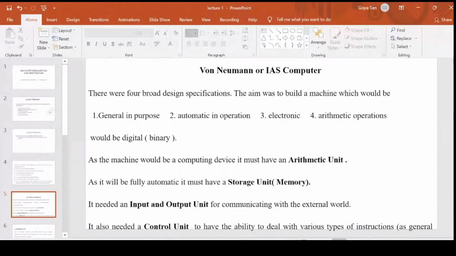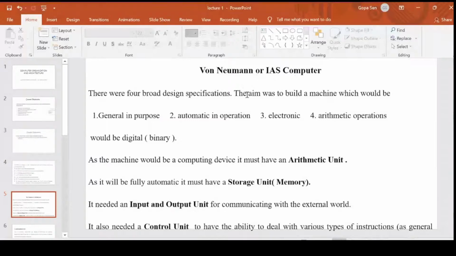The machines which were designed based on these rules are known as von Neumann machines or IAS type of computers. So what are the rules of design specification of the von Neumann or IAS computer? There were four broad design specifications.